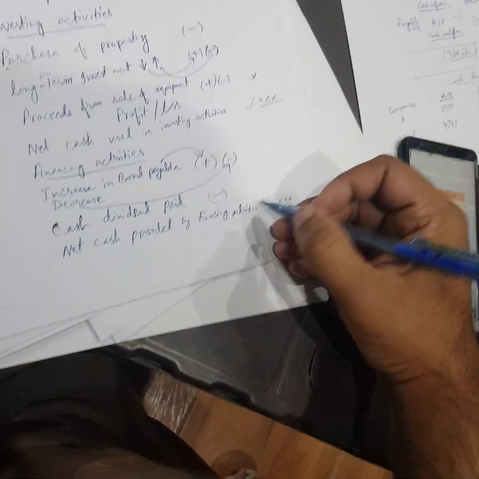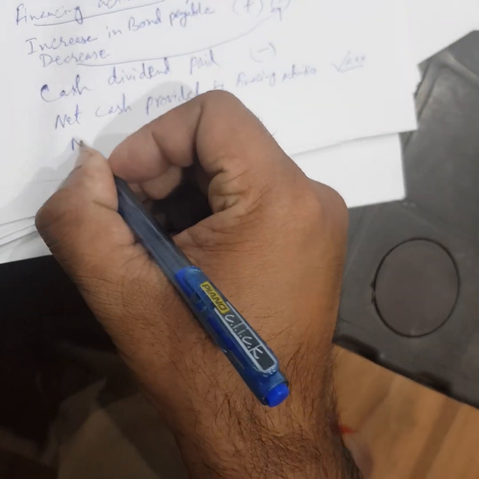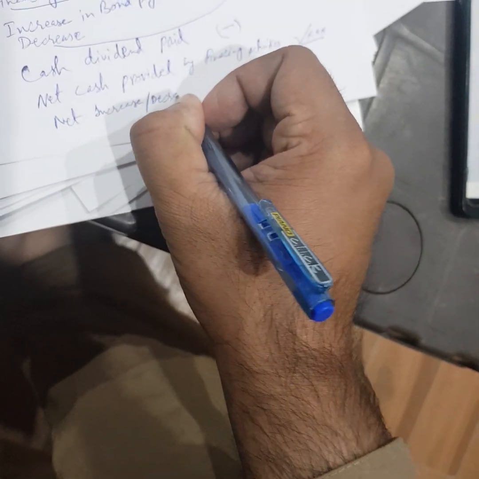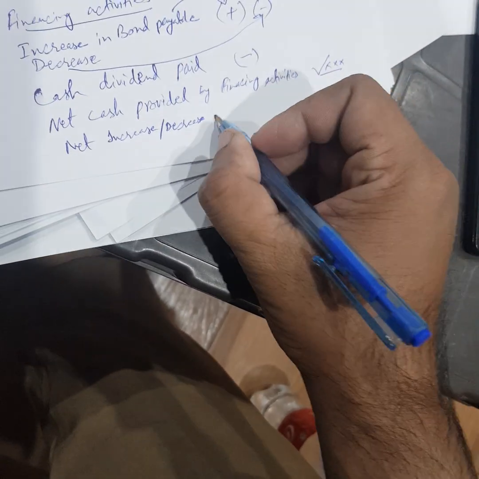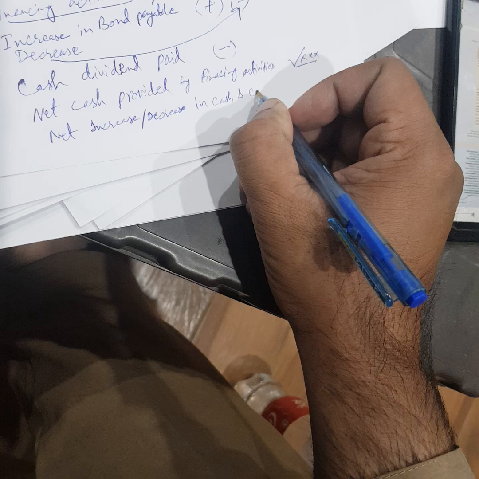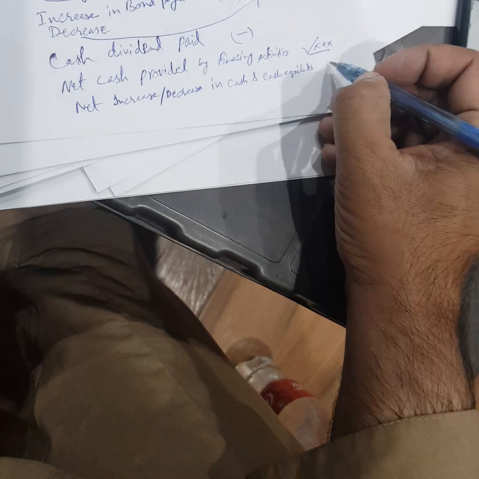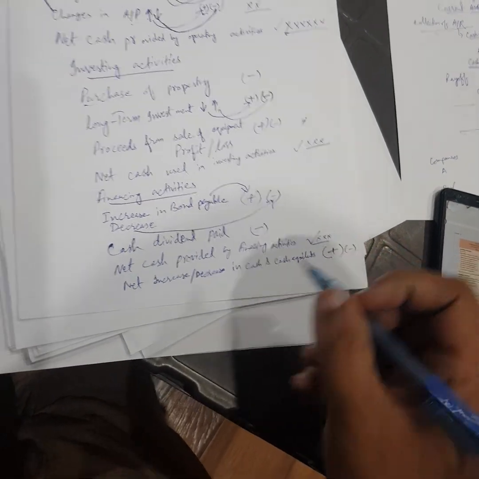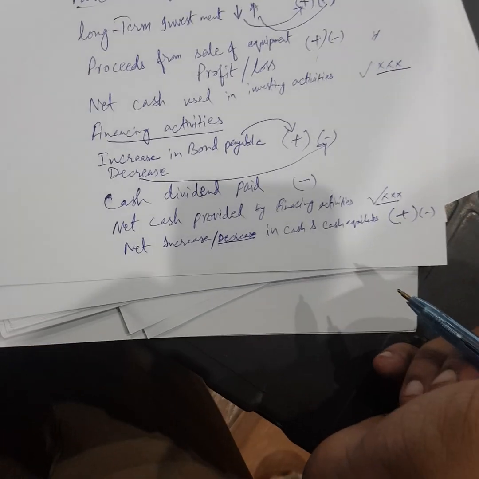By adding these, we will be able to get net increase or decrease in cash and cash equivalents. It might be a positive figure by adding these, or the value might be negative, so we will use the term decrease. If the values are negative, we will get the negative value.